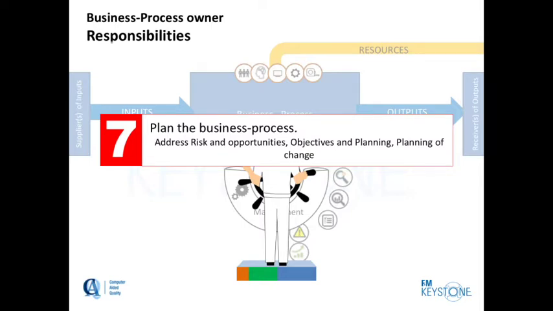Plan the business process. After improving, that means correcting, preventing, or continually improving. It is your task to identify risks and opportunities for the process and address them. The way to address them is planning new objectives and changes for the process.